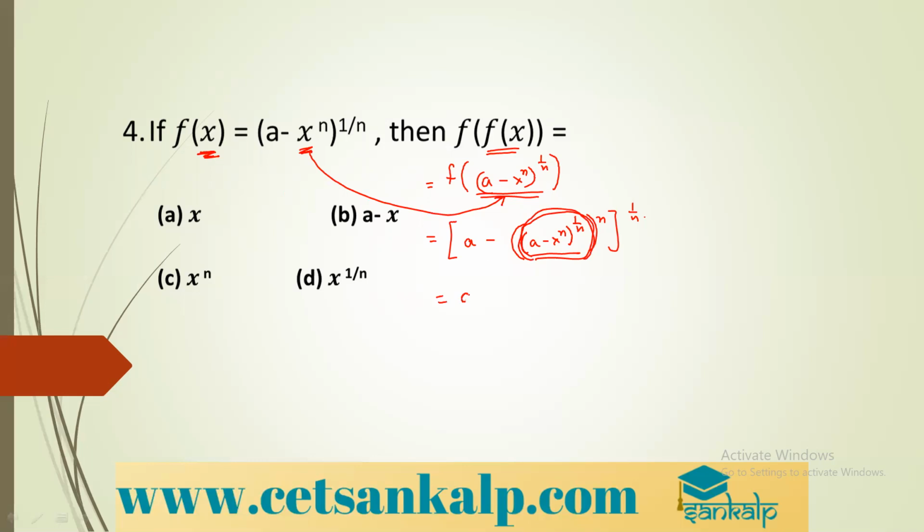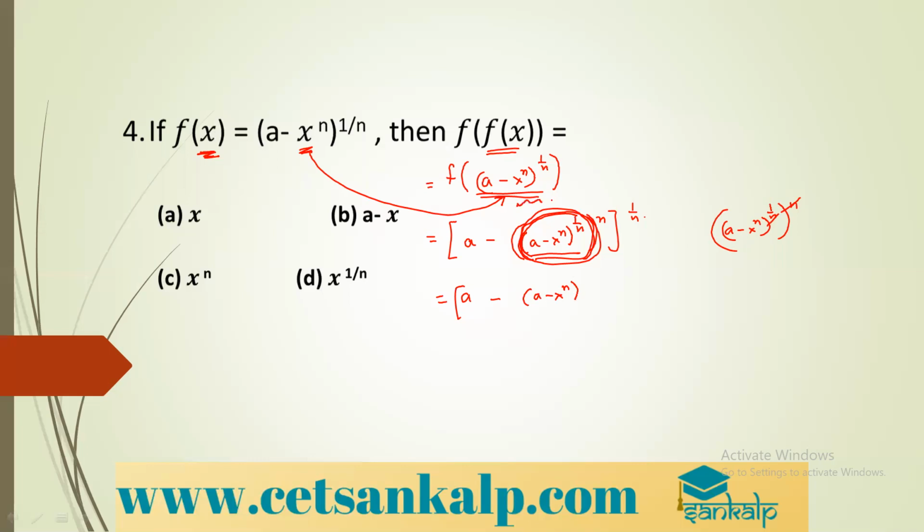But I will simplify. When I take a minus, first thing is I'll write separately this part. I have (a minus x power n) whole power 1 by n and then whole power n. So this n and this n cancels and I have just a minus x power n.